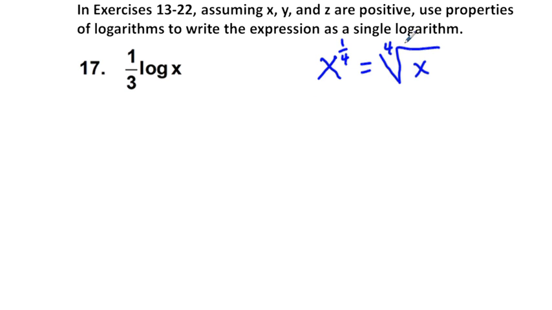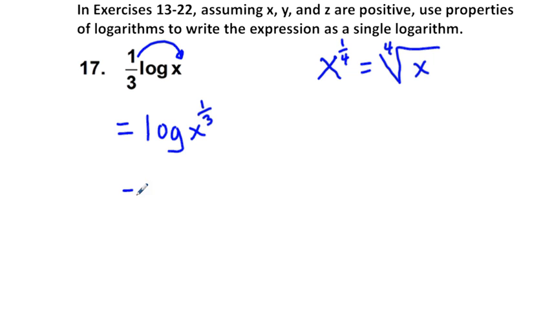So radical to rational. What we have for this one, we have this 1/3 coefficient out front of the logarithm of x. What we need to do is take this 1/3 and put it up here as an exponent to x. And so this is going to be equal to the common logarithm, log base 10, of x to the power of 1/3.